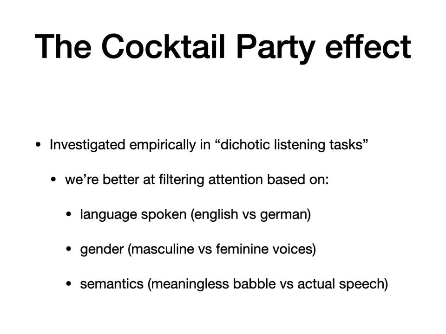Actually, from gender too, so more feminine voices are easier to separate out. And then semantics, like if someone's just babbling meaninglessly versus actually producing speech, that's another way that we're able to separate the information better. Even though they're all overlapping chaotic masses of information in the same way, we just have a better tuned system for separating these things out.